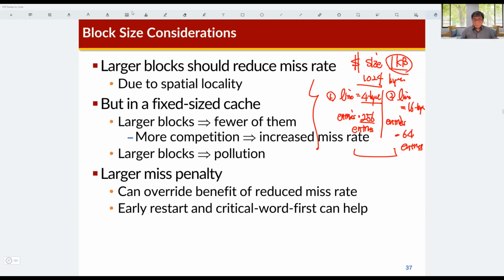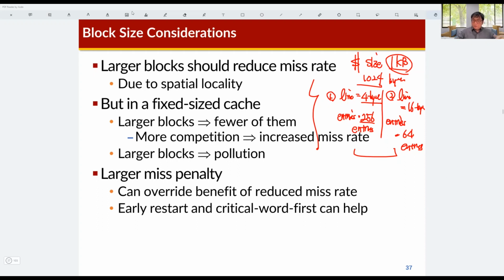So think like this. How can we compare the performance of cache? The performance of a computer system can be improved by cache, but we can configure this cache with different configurations, like a smaller line size or large line size, like a 4 byte line or 16 byte line.